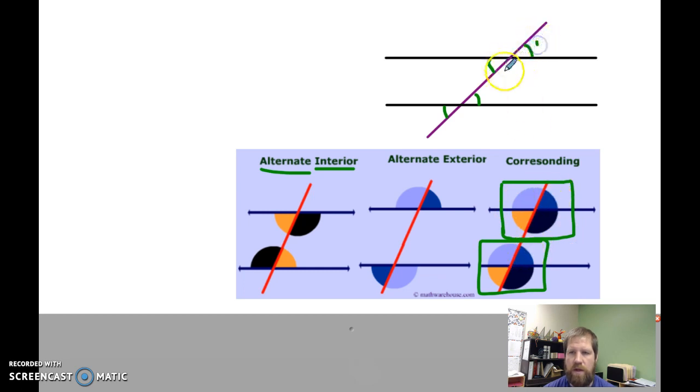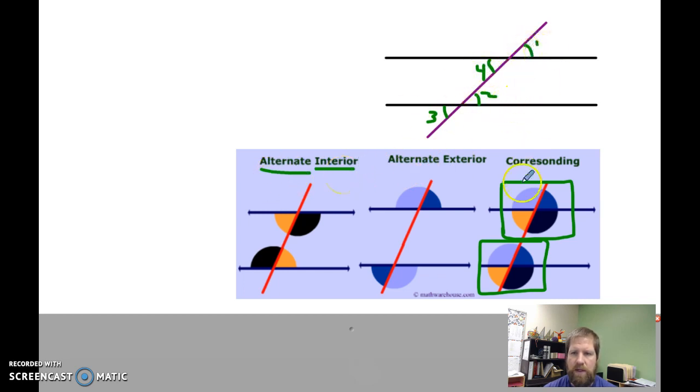So if I numbered these 1, 2, 3, 4, angle 1 and angle 2 are corresponding. Okay? Angle 3 and angle 4 are also corresponding. Angle 1 and angle 3 are alternate exterior angles, and angle 2 and angle 4 are alternate interior angles.